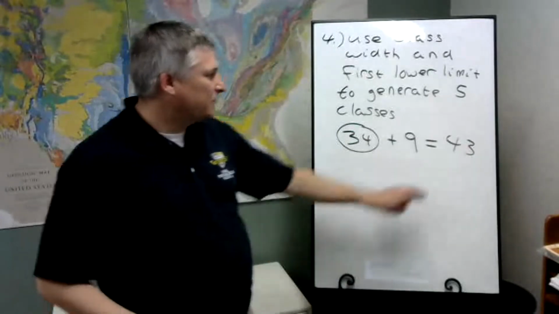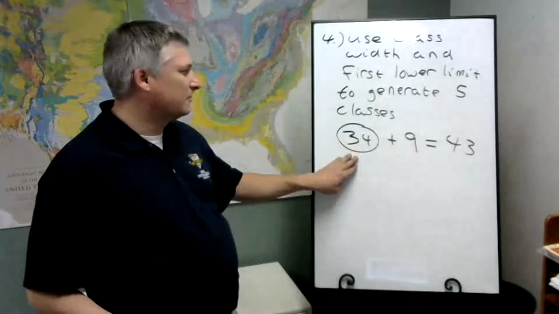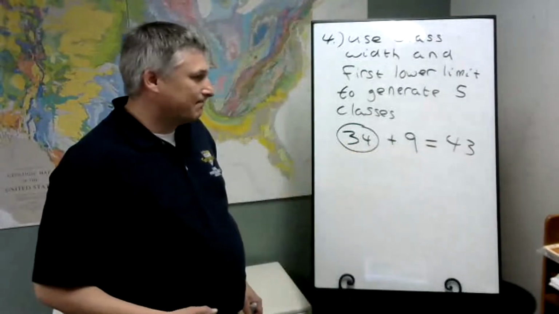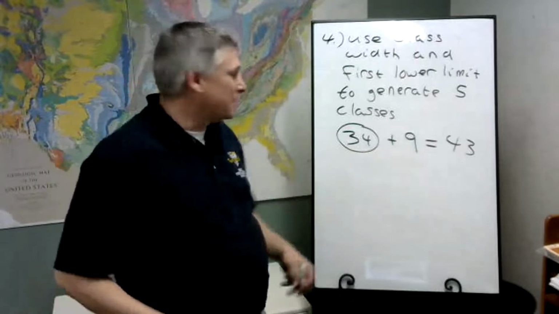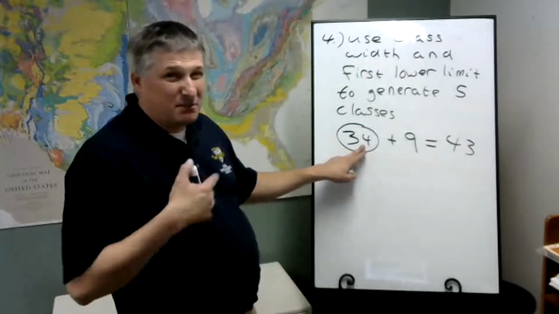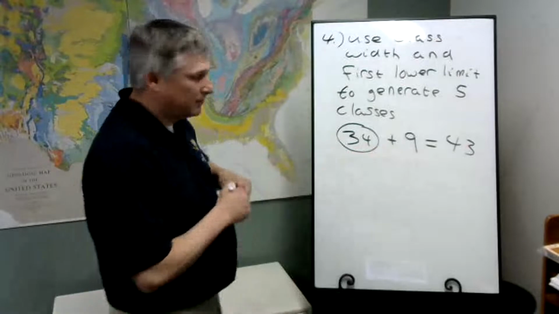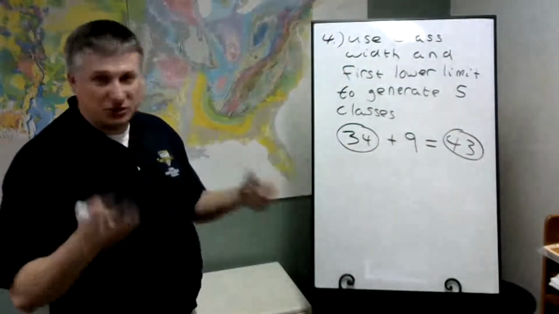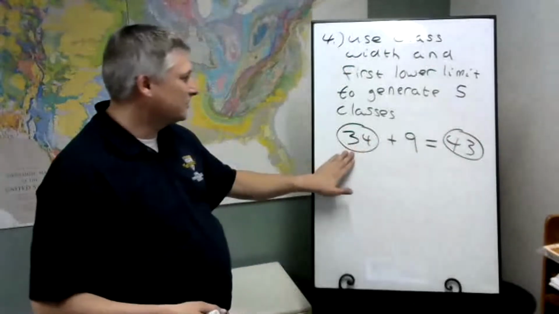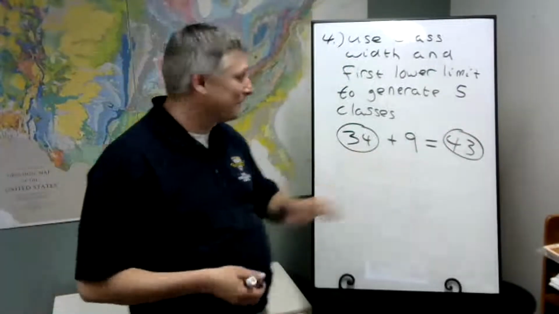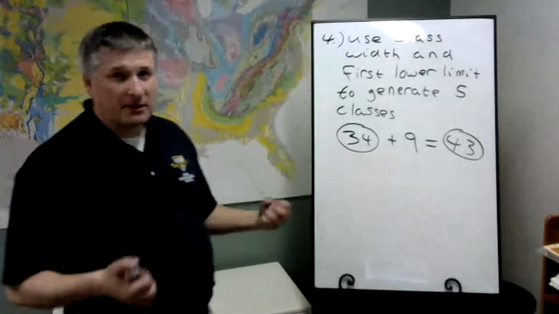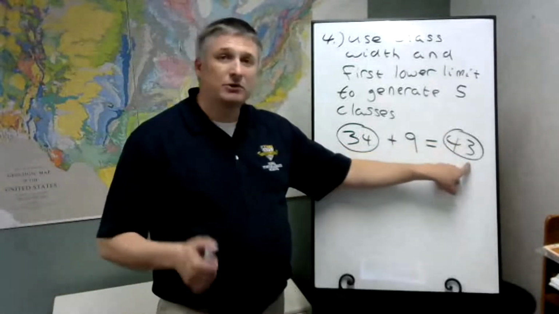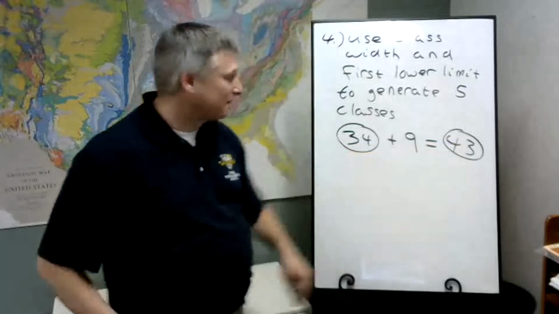So if we took 43 minus 34, we're going to get 9, the class width. I kind of skipped ahead here, but by adding the class width, this is our next lower limit. And you can check this, because this lower limit minus this lower limit, of course, you're going to get 9. So the other way to think about it is you take a lower limit, add the class width, you should get the next lower limit.